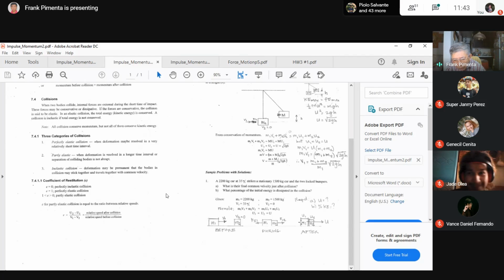And because of the force exerted by this bigger car, this smaller car will be forced to go with body number 1, considering the size. And they will have the same final common velocity there. What is the final common velocity? So that is after.